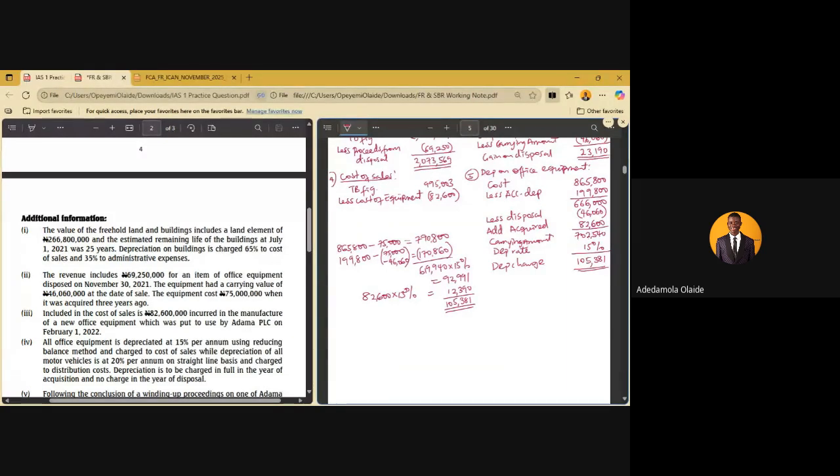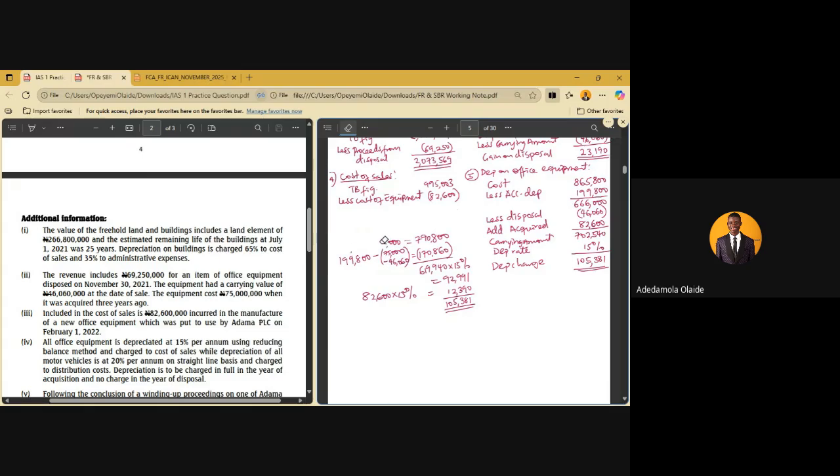From July, August, September, October, November. That's 5 months also. So we'll have to calculate their depreciation separately and add it all up to know what the depreciation charge for that year will be. Both the depreciation charge on the one disposed, on the one acquired, and the one existing will make up the depreciation charge for the year. But the depreciation charge on the one that is disposed during the year will no longer be part of what we'll be recognizing as accumulated depreciation at the end of the year. It will be written off. So that's just to clarify that.